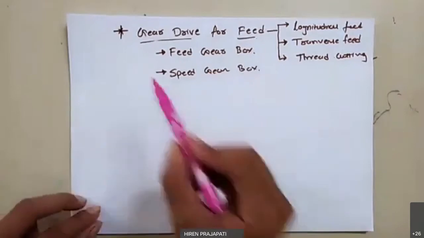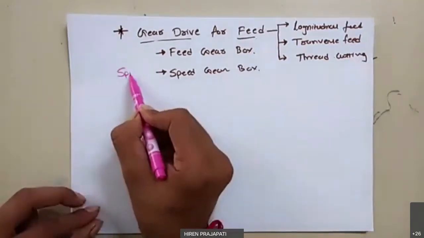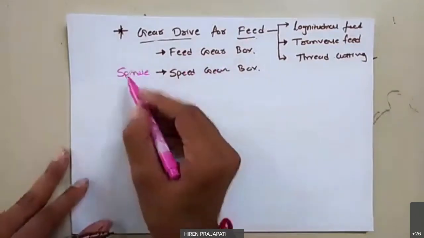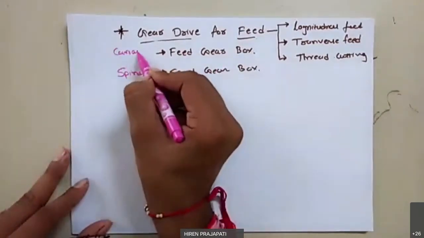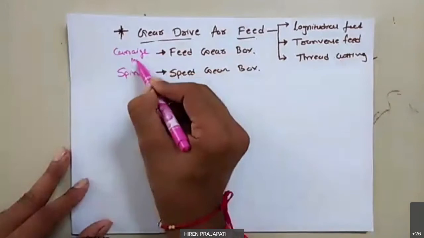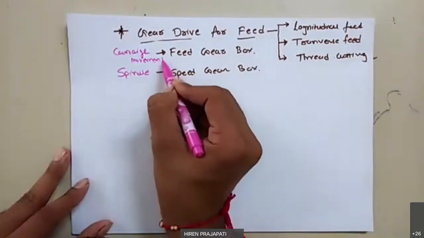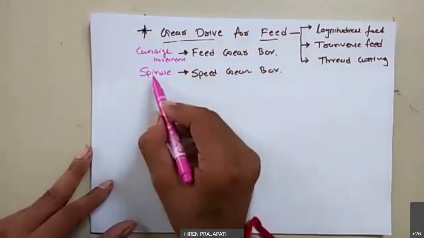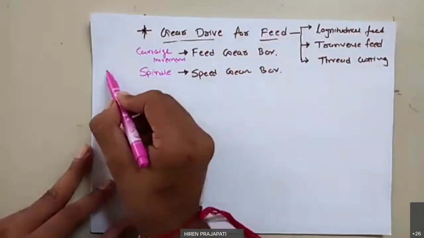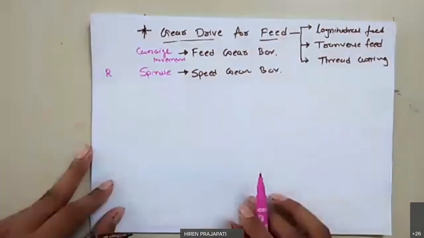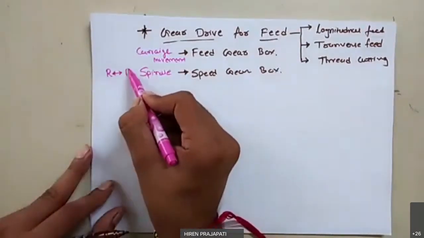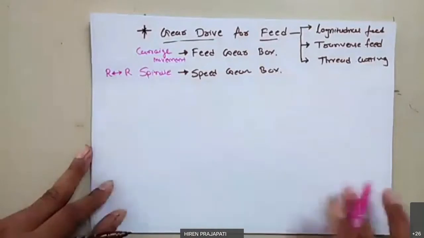So speed gearbox is used for spindle rotation and feed gearbox is used for carriage movement, right? Now in case of spindle rotation, because motor is giving rotation and same rotation is to be given to spindle, so rotation to rotation transmission.